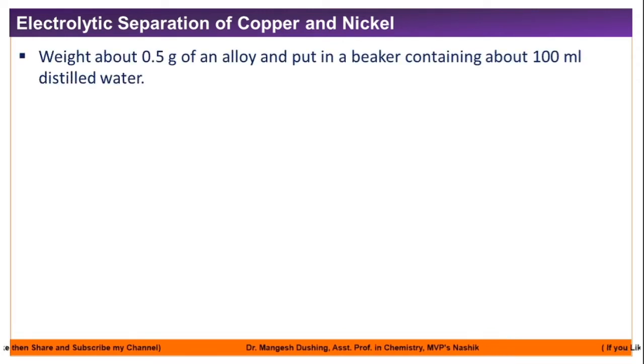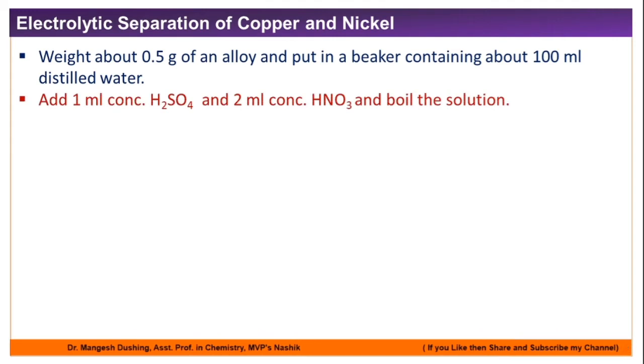For that purpose, weigh about 0.5 gram of alloy and put it in a beaker containing 100 ml of distilled water. Add 1 ml concentrated H2SO4 and 2 ml concentrated HNO3 and boil the solution to make a clear solution of the alloy.